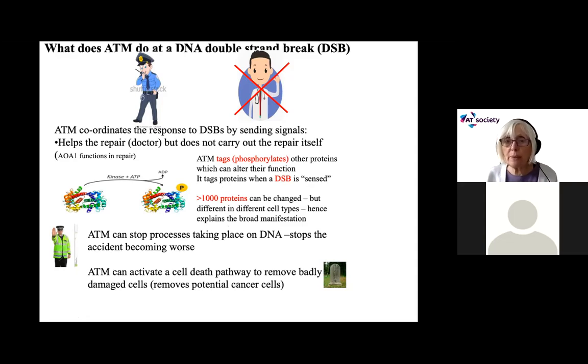We don't want to compound that accident. It can also activate a cell death pathway to remove very badly damaged cells. And the rationale here is that the cell doesn't want to be clogged up with very badly damaged cells, but also this is especially important for cancer, to remove cells that might otherwise become able to cause cancer.